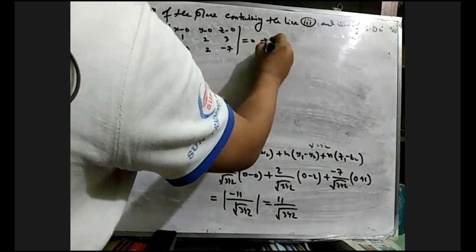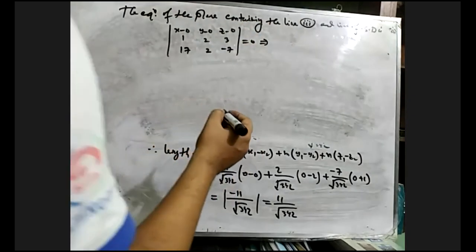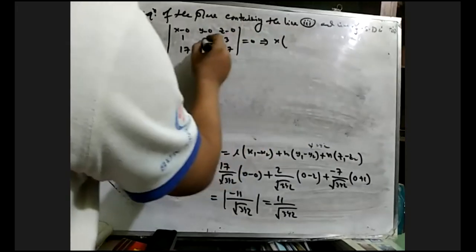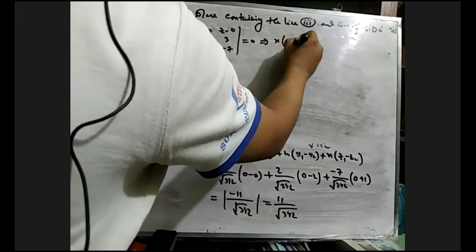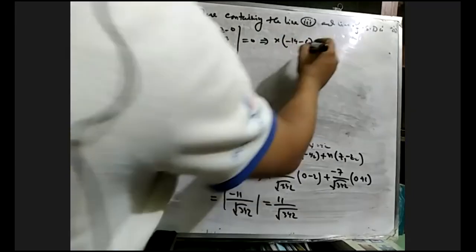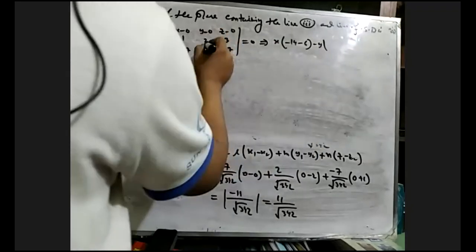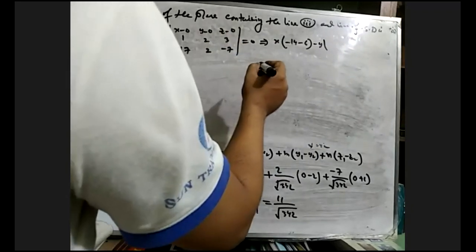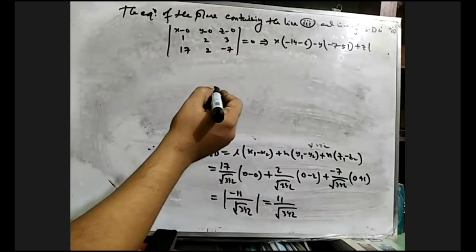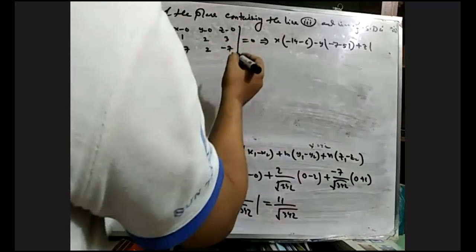We can easily solve this. First of all, x into minus 7 minus 14 minus 6. Minus y into minus 7 minus 51. Plus z into 2 minus 34.